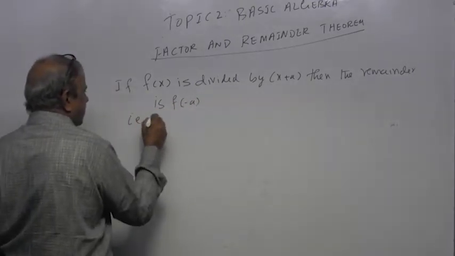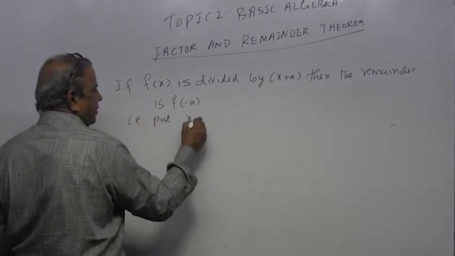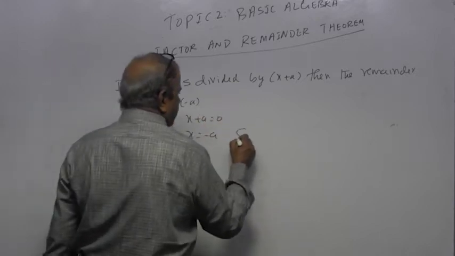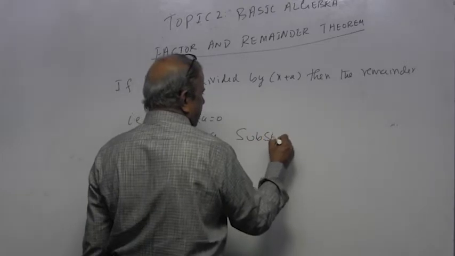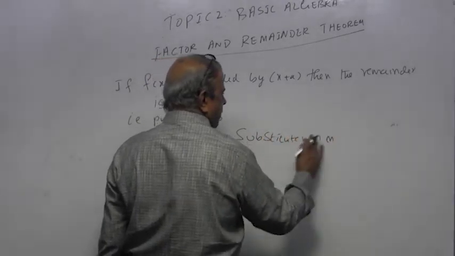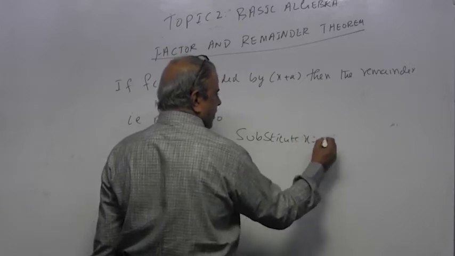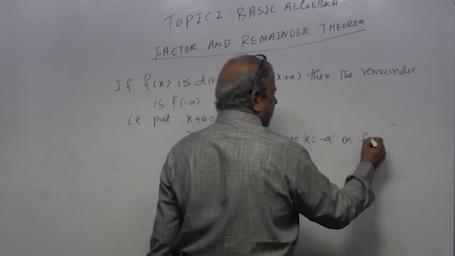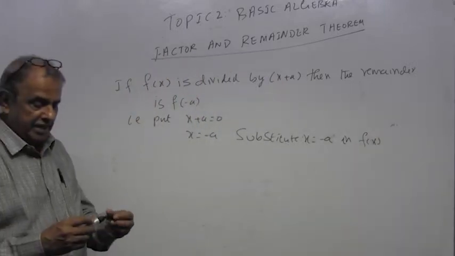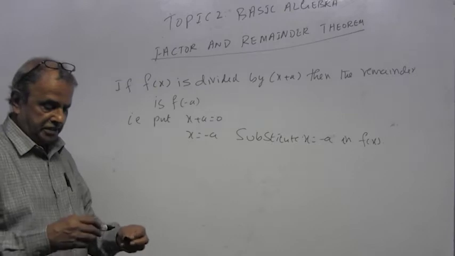That is, put x plus a equal to 0, x equal to minus a, substitute x equal to minus a in f of x. That's the shortest way to find the remainder without doing long division.